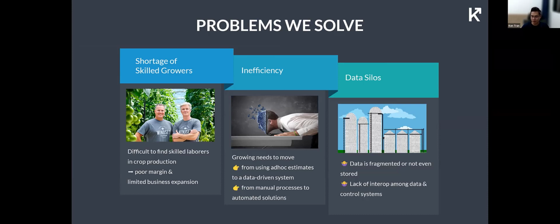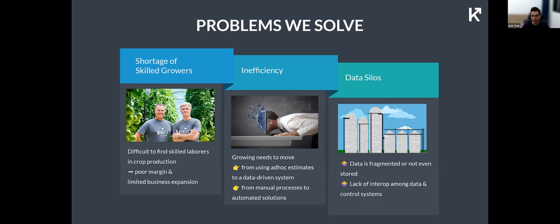For example, there's still some grower who sits at the climate computer and keeps changing the set point from time to time, going through many pages in the climate computer. So that is the inefficiency that I'm talking about.